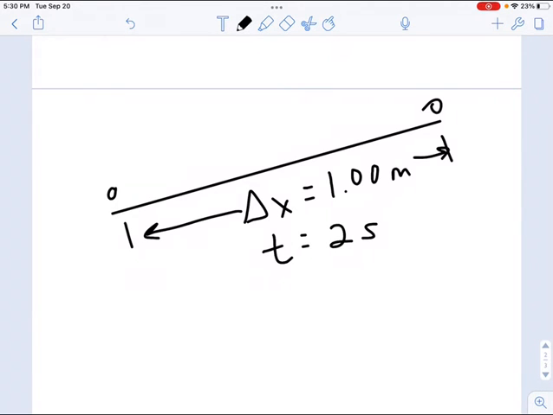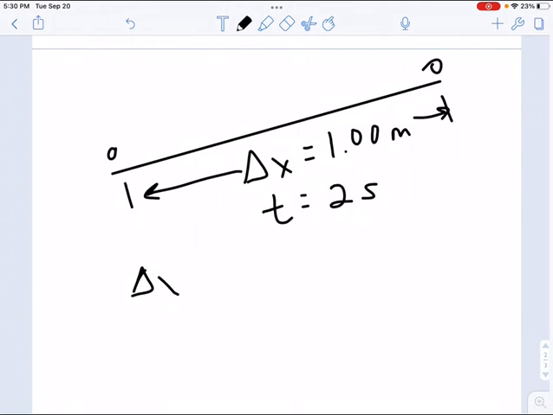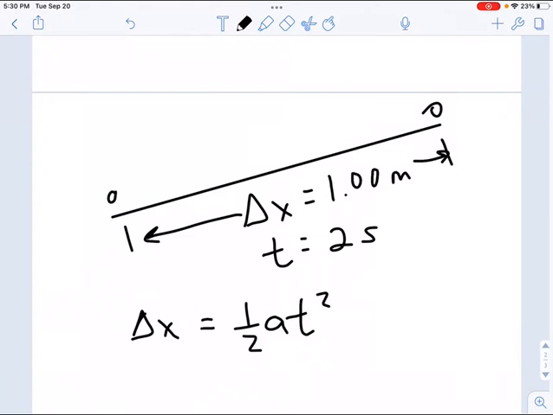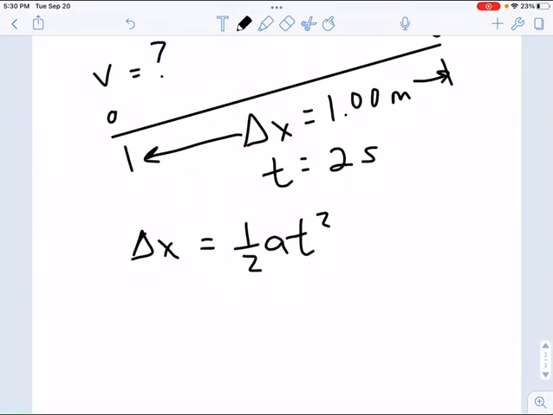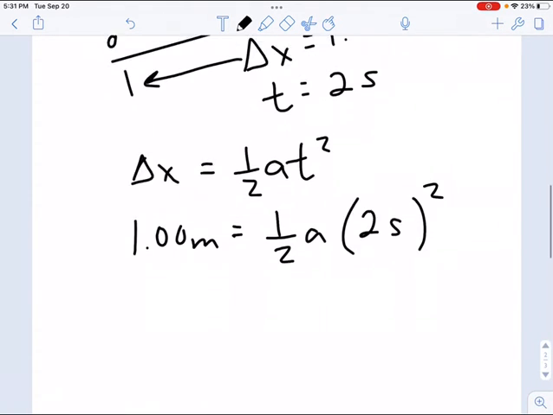So delta x equals 1/2 at squared, again assuming the initial velocity was 0. We're solving for a. So we substitute: 1.00 meters equals 1/2 a times (2 seconds) squared.